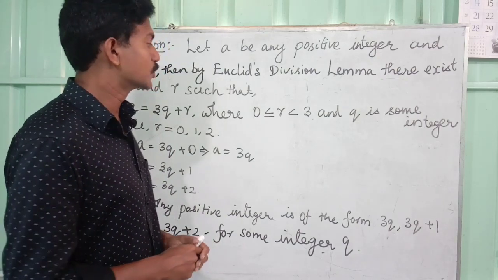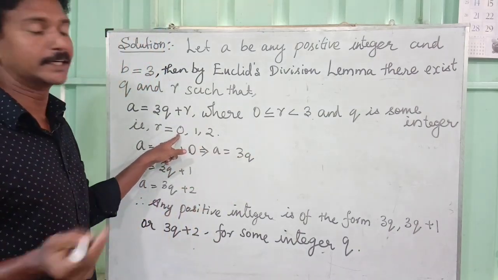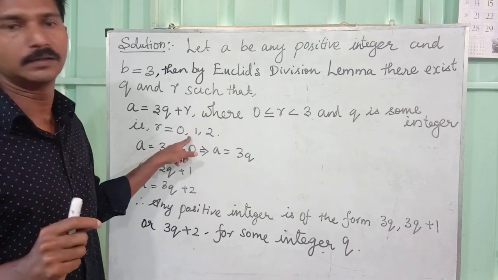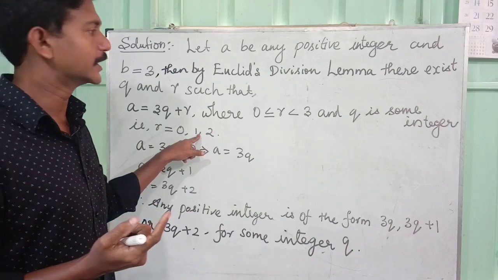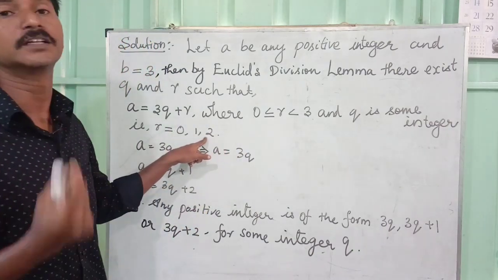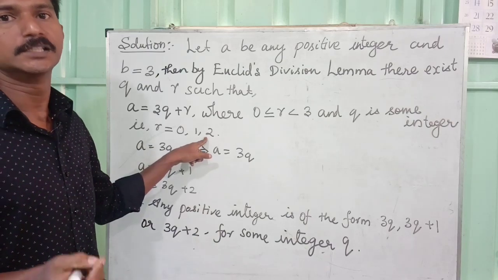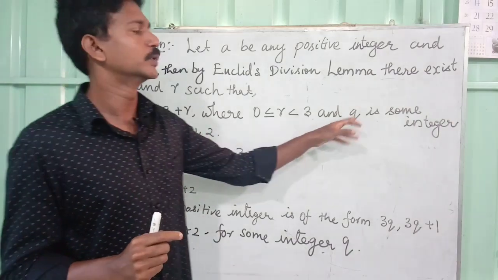Which means r can have the value 0, and greater than 0, so it can have 1 and 2. It cannot go higher, since r is less than 3, so it cannot go more than 2. It stops here. So r can have values 0, 1, 2.